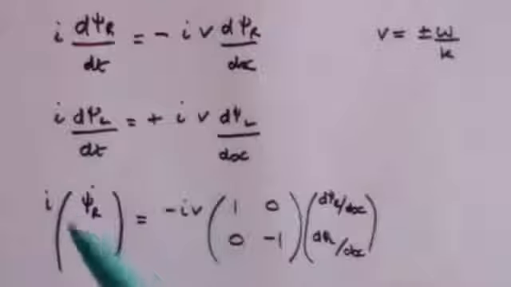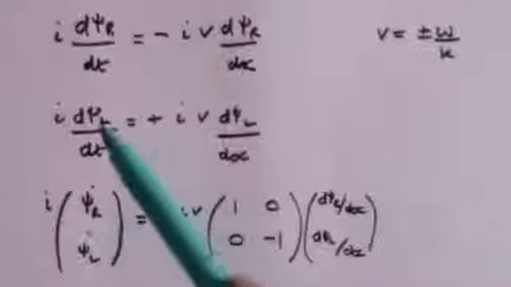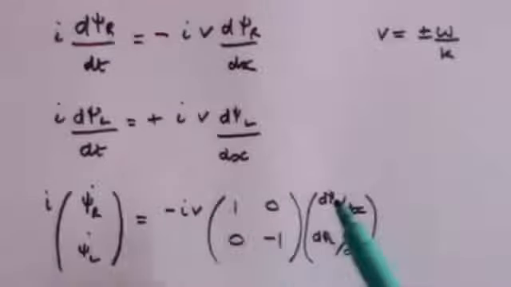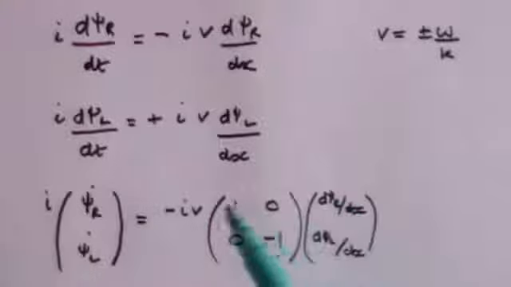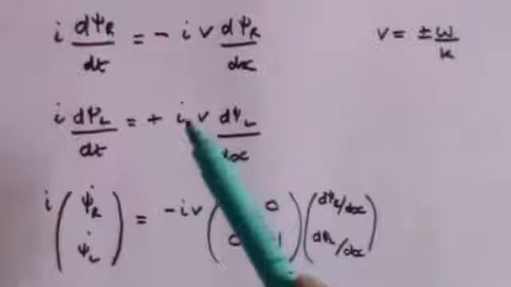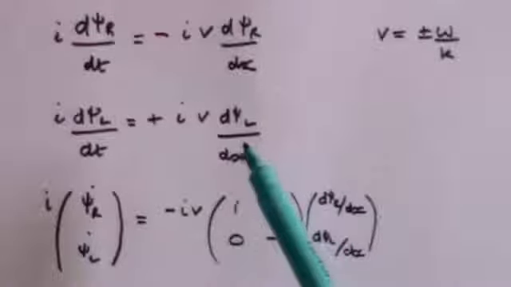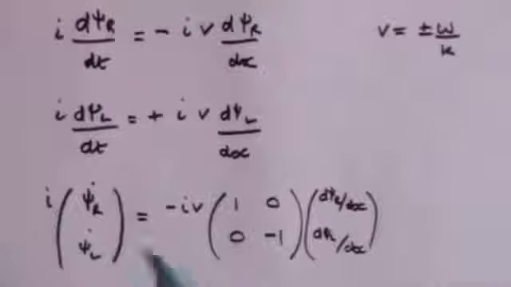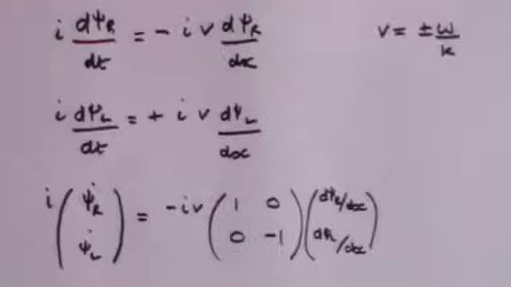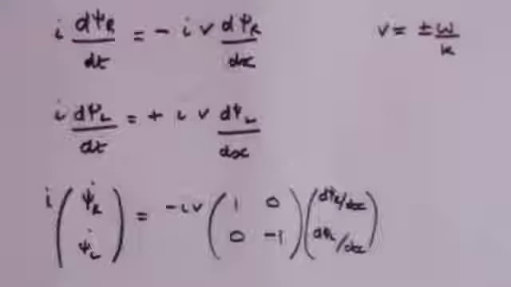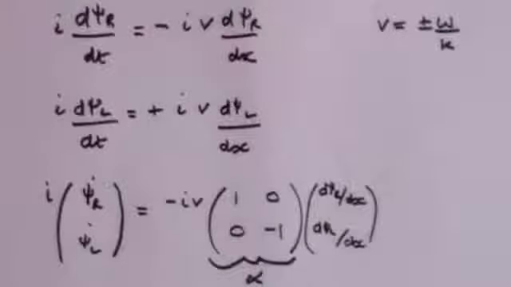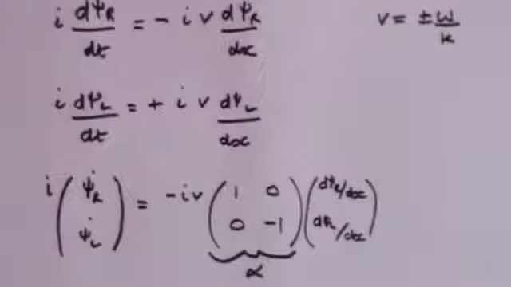On the bottom, you're going to get i times psi left dot, which is d psi left by dt, equal to minus iv times 0 times d psi right by dx, which is 0, plus minus iv times minus 1, which is plus iv, times d psi left by dx. So this is just a way of writing in matrix and vector form the two simultaneous equations above. And I'm going to call this matrix here alpha. Right, so we just remember that that matrix is called alpha.